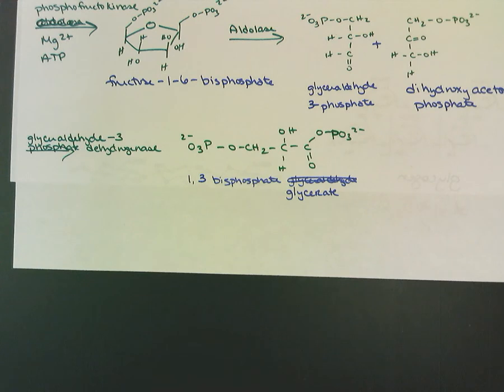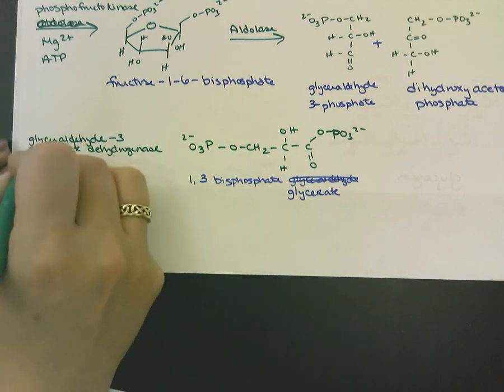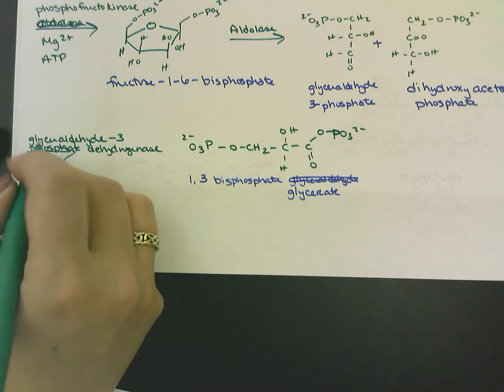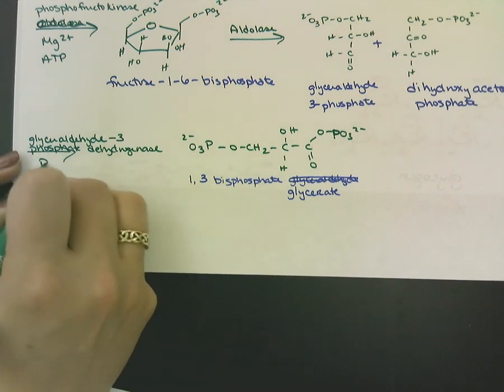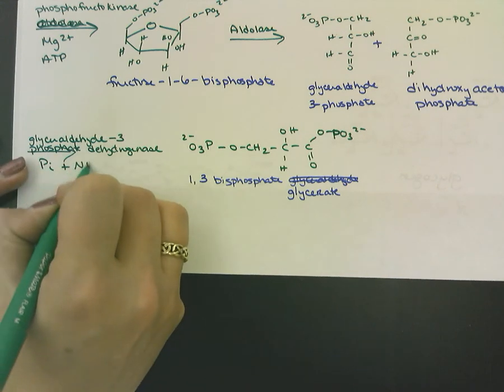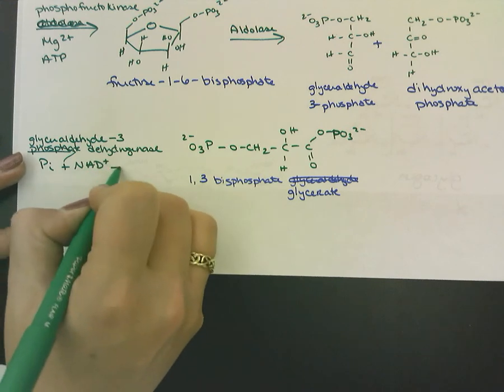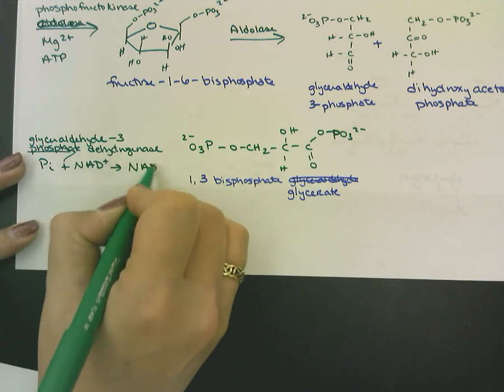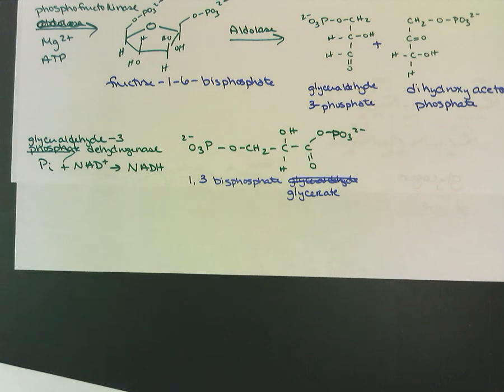So this part, starting from here, is taking energy out. From here on out, we'll see where energy starts to be released. So one of the steps will be this glyceraldehyde 3-phosphate dehydrogenase. It uses inorganic phosphate and NAD+, and will give us back an NADH.